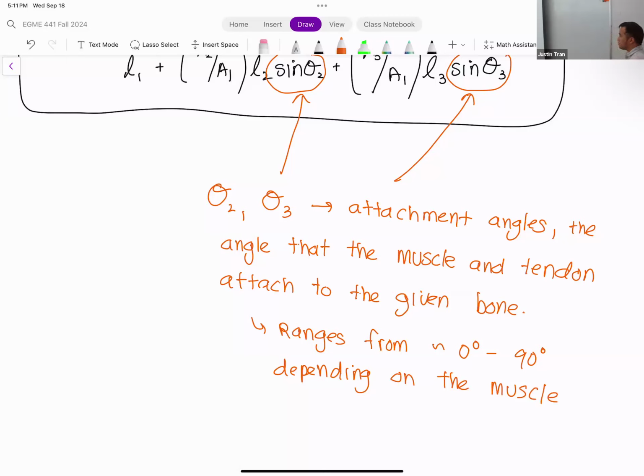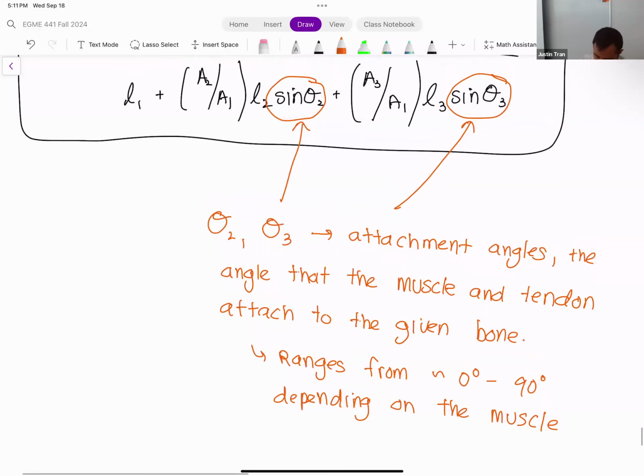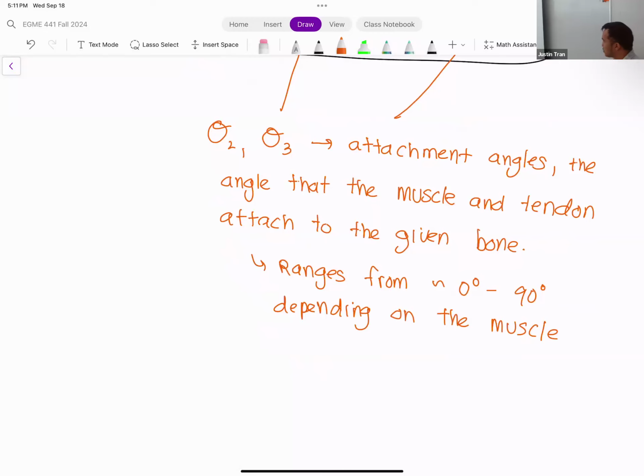If you look at our result, the way the attachment angle appears is that we take the sine of that angle, right? If we know these attachment angles range between 0 and 90, and they appear in our result as a sine, that tells us how that attachment angle affects our result.